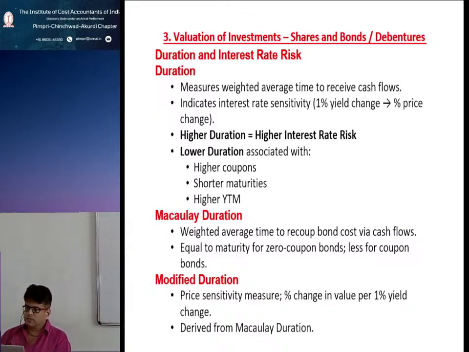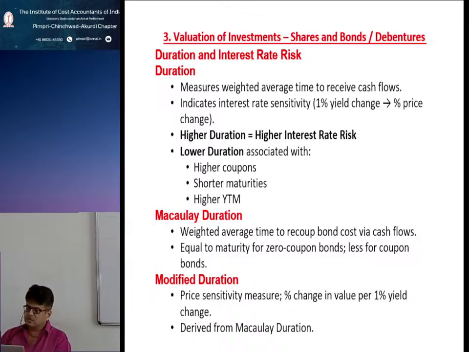Then comes duration and interest rate risk. Duration measures the weighted average time to receive cash flows. It indicates interest rate sensitivity, that is, a 1% yield change gives a percentage price change. Higher duration means higher interest rate risk.